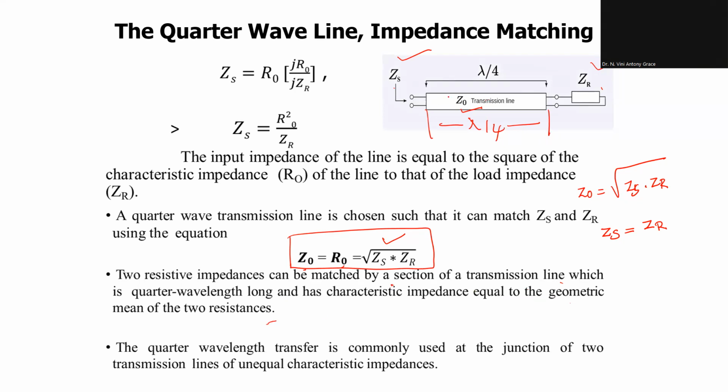So if we insert a transmission line of length lambda by 4, whose characteristic impedance Z0 is equal to the square root of ZS and ZR, then we can say these two resistances, ZS and ZR, will become matched. And this will avoid reflection.